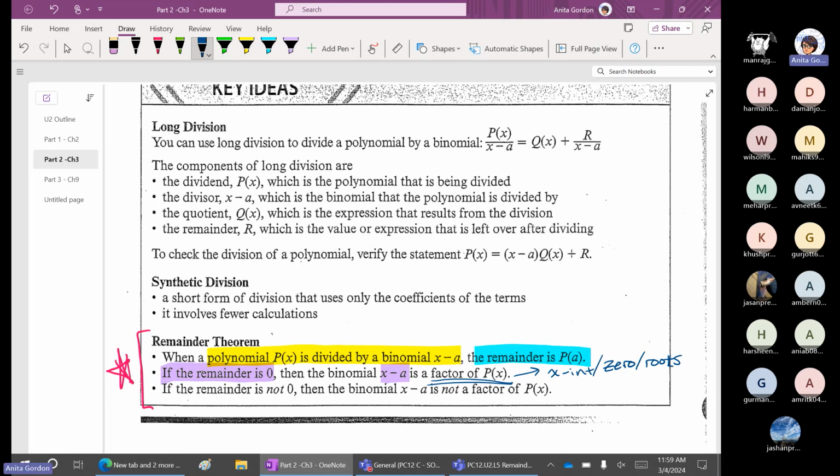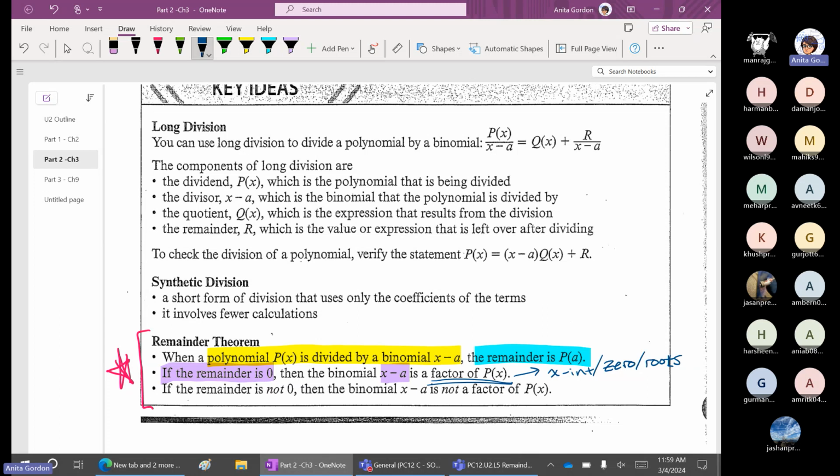So if the binomial I choose factors out completely with a remainder of 0, that means I have found an x-intercept or a root of the equation, or a factor is another way of saying it.